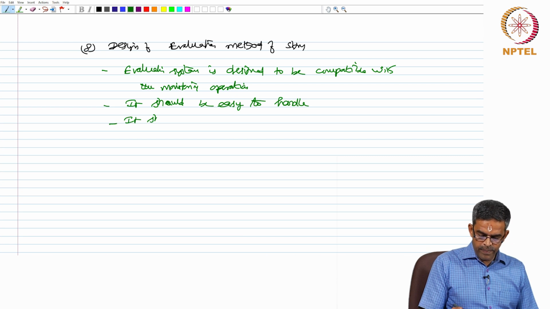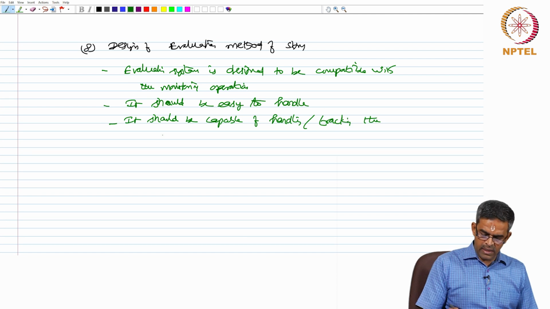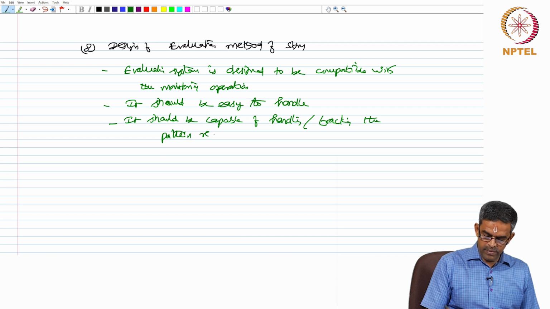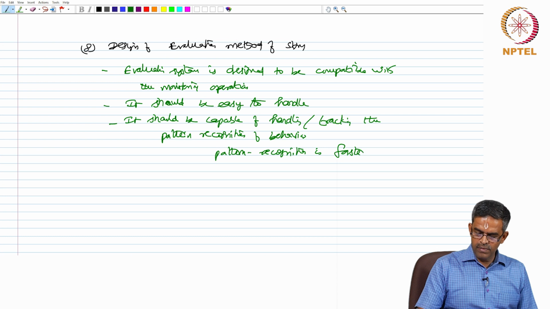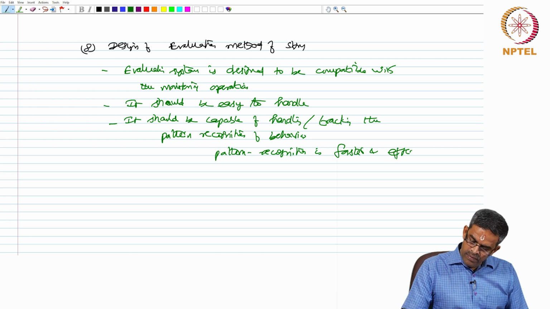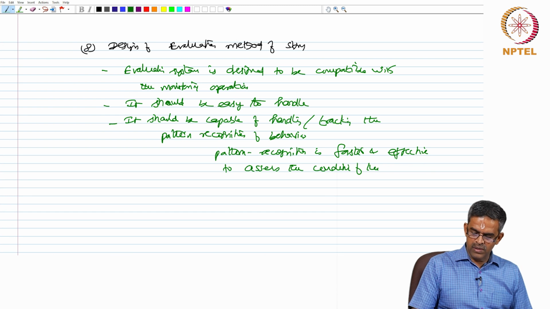It should be capable of tracking the pattern recognition of the behavior, because pattern recognition is faster and effective to assess the condition of the structure.